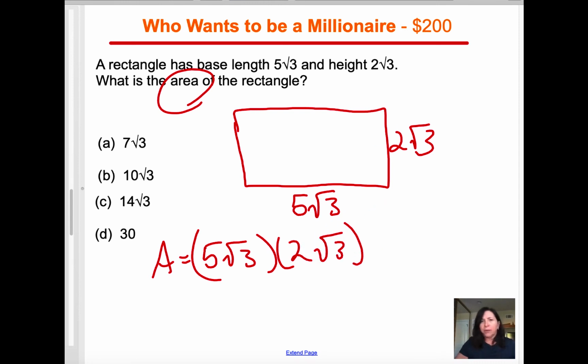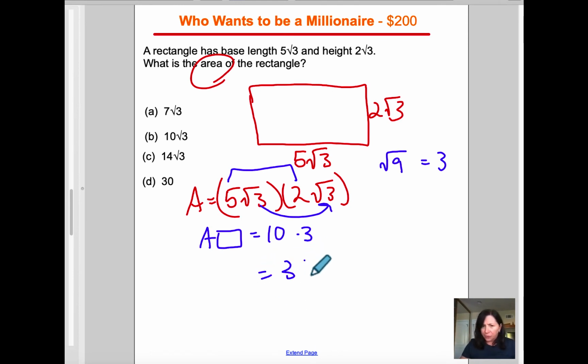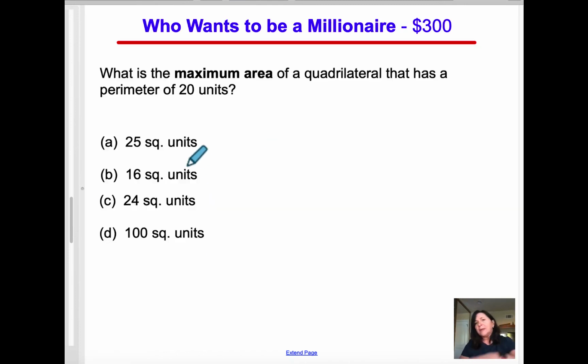Now what you need to remember is that numbers get multiplied with numbers and roots get multiplied with roots. So 5 times 2 is 10. So the area of my rectangle is 10 times. And then root 3 times root 3 is going to be square root of 9. The square root of 9 is 3. So this is 10 times 3. 10 times 3 is 30. Now keep in mind, these are units times units, so it is units squared. So D is my answer.